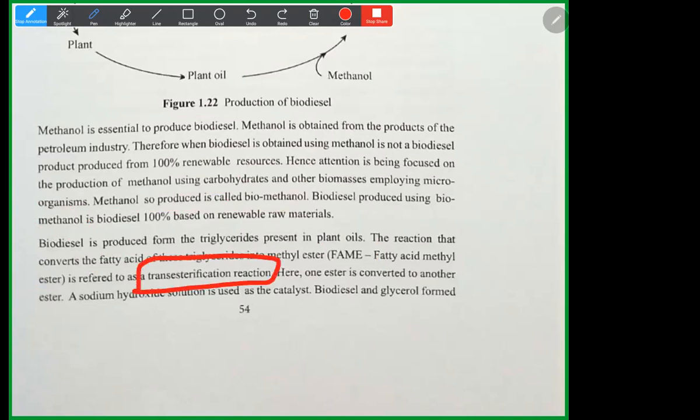So the reaction of this ester with methanol, because we are converting one ester to another ester, so we use the word trans for that: trans-esterification reaction. Here one ester is converted to another ester. A sodium hydroxide solution is used as a catalyst. Biodiesel and glycerol are formed.